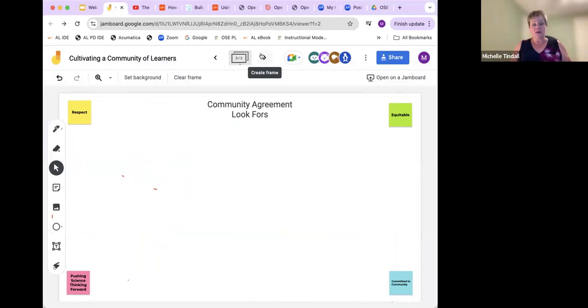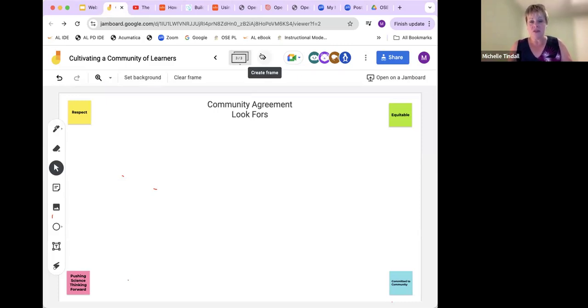And if we think of community agreements, these 4 community agreement topics come from OpenSciEd and their community agreement document that they have students co-create in classes. So what I like to do is have my students co-create these for my classes so that we know as a group what our norms are for working together.